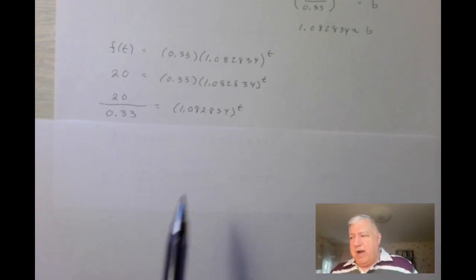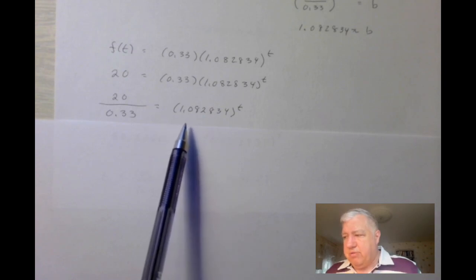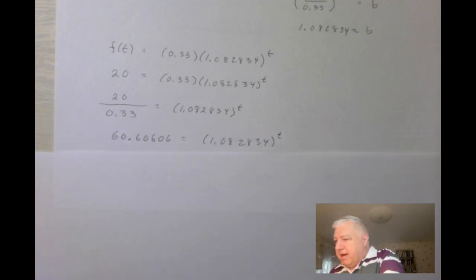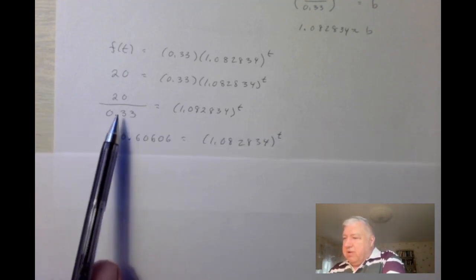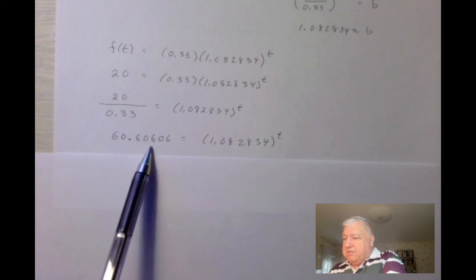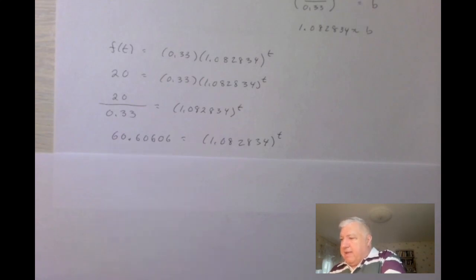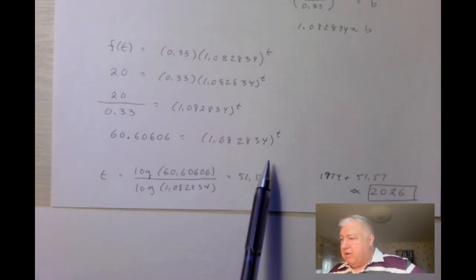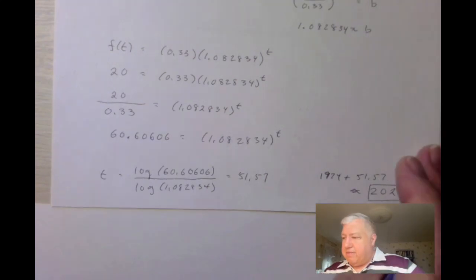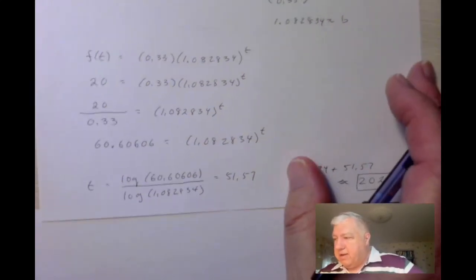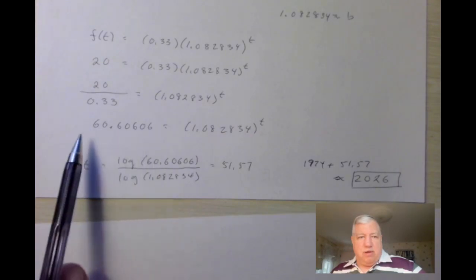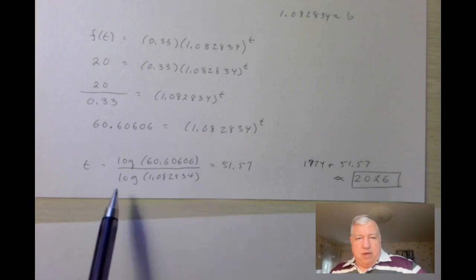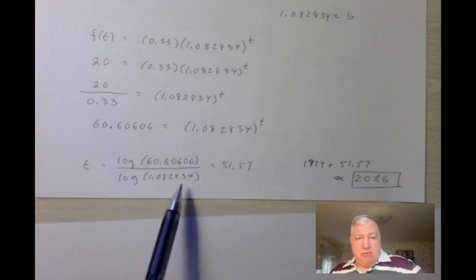It would be kind of weird to write log base 1.082834, so we're just going to take the common log. We simplify this to 60.606006, and now we take the common log of both sides. I omitted this step, but the log of this number equals t times the log of the other number, and then we divide by the log of the second number. That's how we get this.